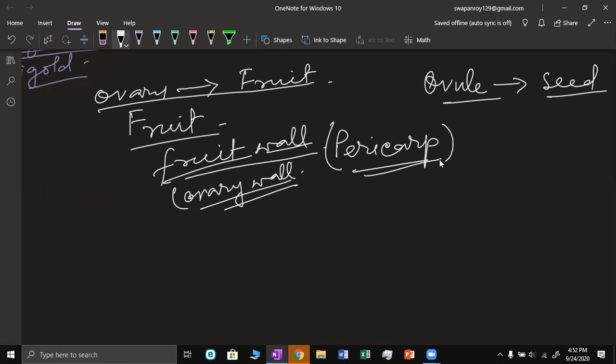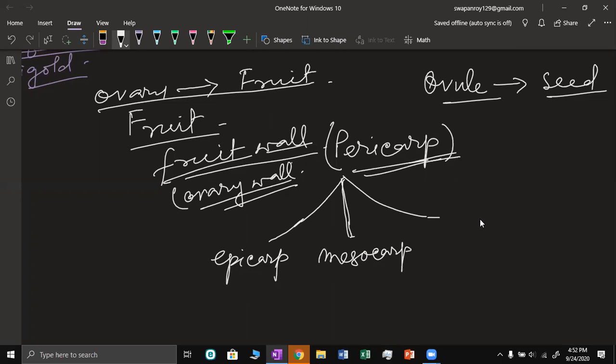This is called pericarp. In some species of fruit, the pericarp may be divided into three parts. In others it may not be distinguished, but where it can be recognized, there is the epicarp, then mesocarp, and endocarp.